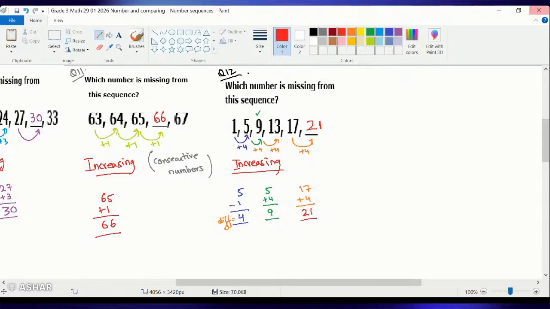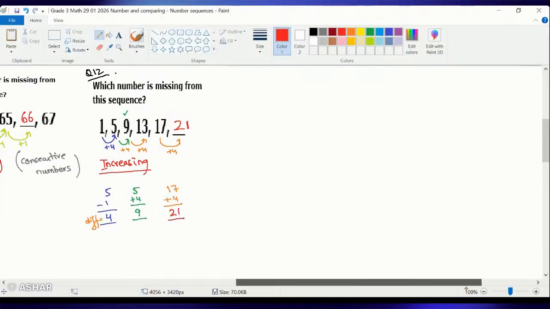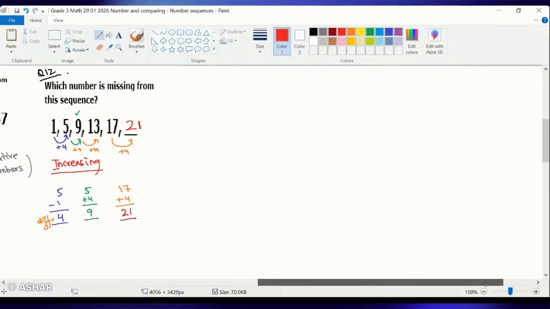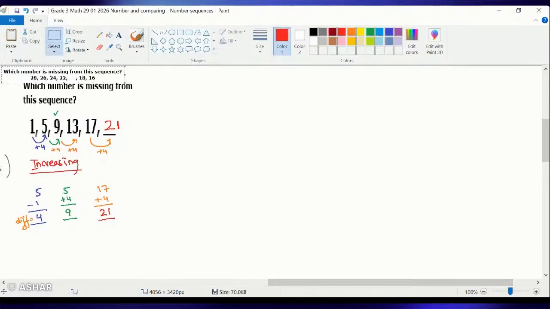Okay. Moving ahead to the next question. The next question says, which number is missing from this given sequence? And the given sequence is, let me just copy it for you. So the given sequence for the next question is this.